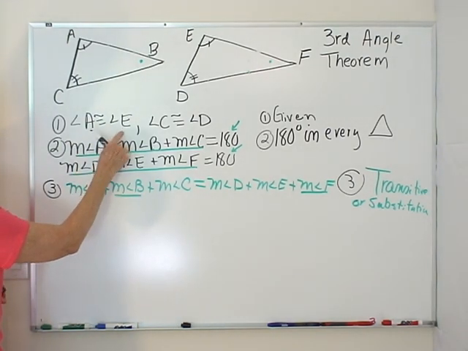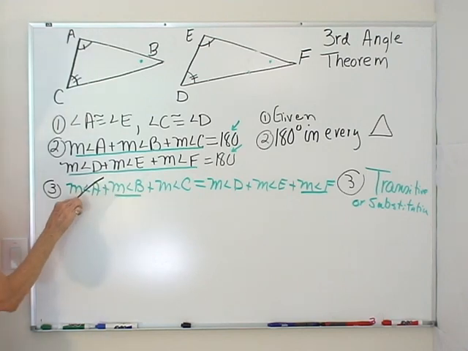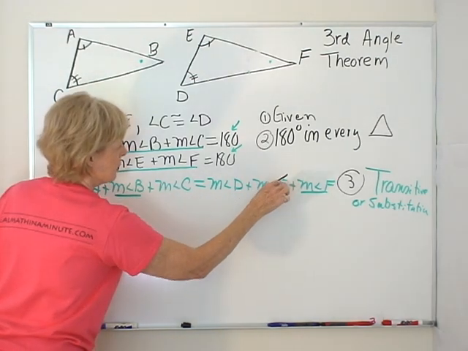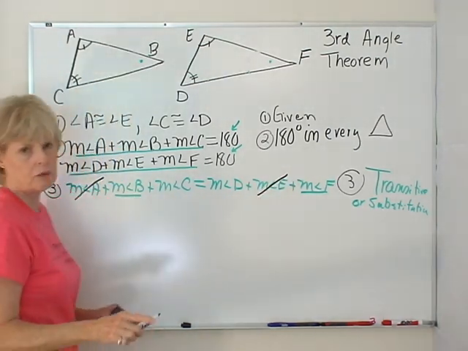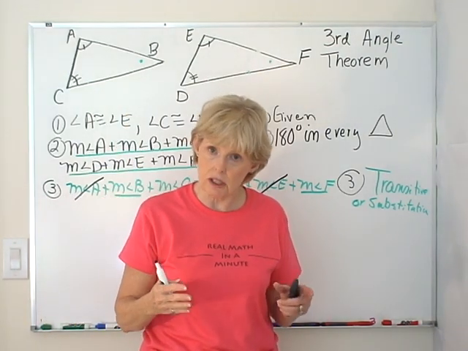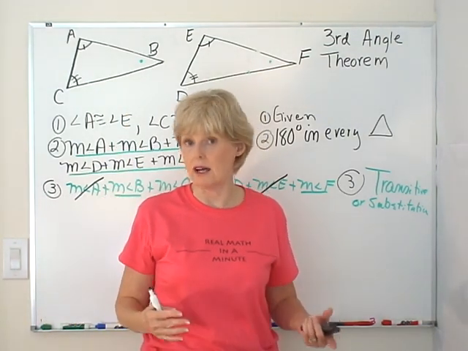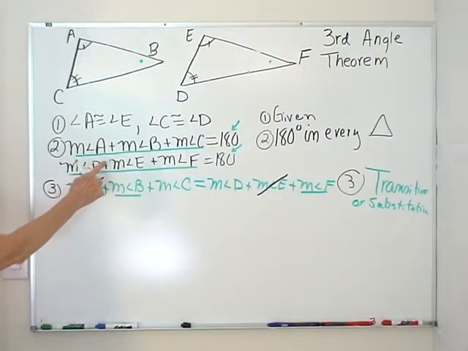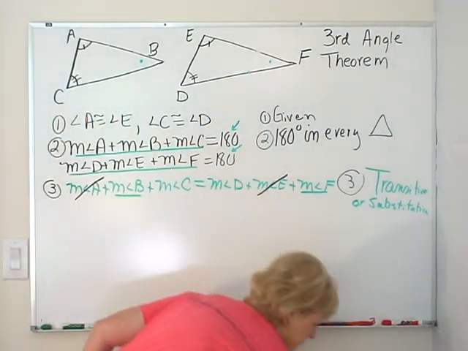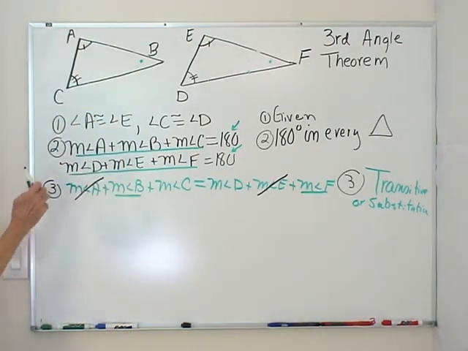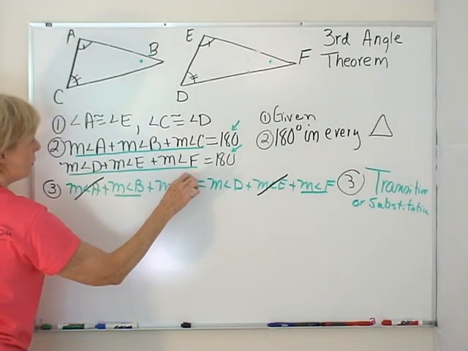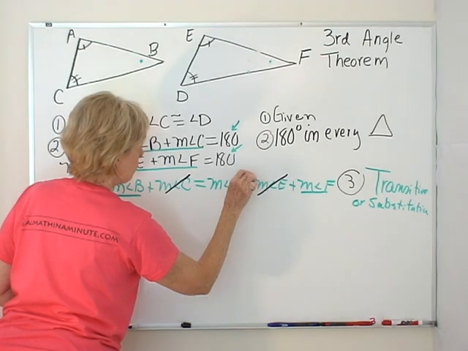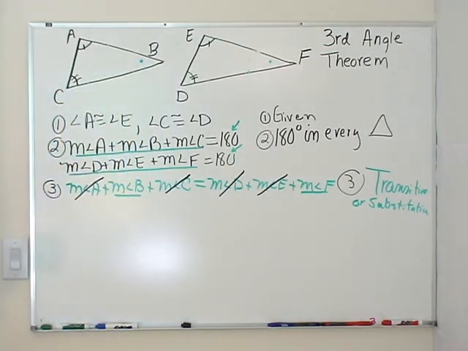A is congruent to E, so I can subtract the measure of angle A and the measure of angle E. I'm subtracting two things that are equal, one from each side. Subtraction property of equality. Okay, well, I know C is congruent to D, so I can subtract angle C and angle D, one on each side. Subtraction property of equality.